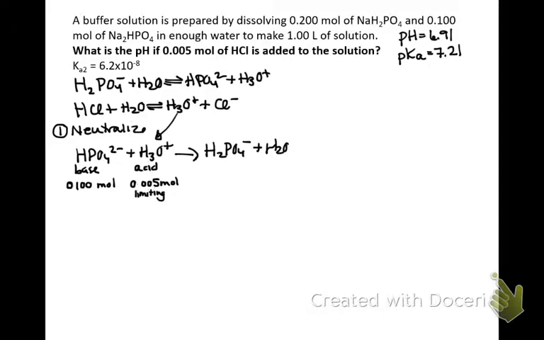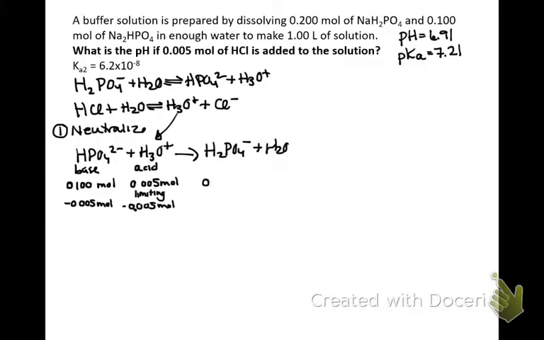So we're only going to use as much H3O plus as we have, and all the coefficients are 1. From the reactant side, we're going to lose 0.005 mole of HPO4 2 minus, and we're going to lose all of the H3O plus.